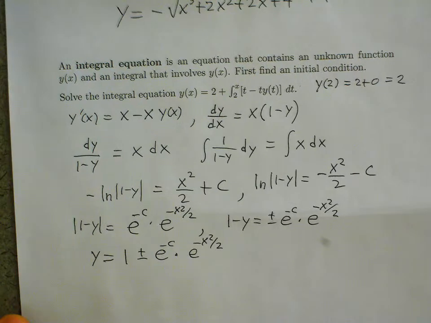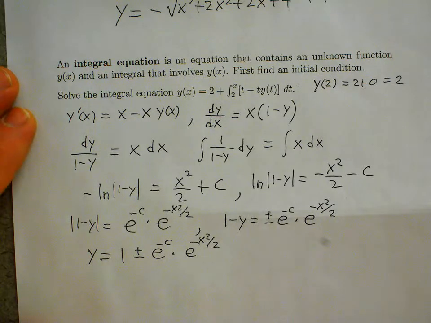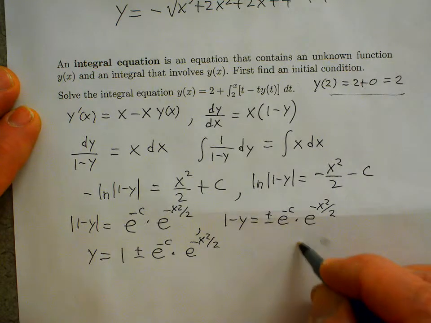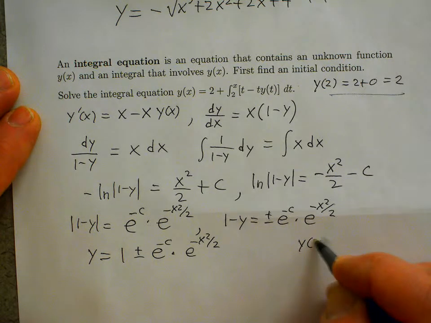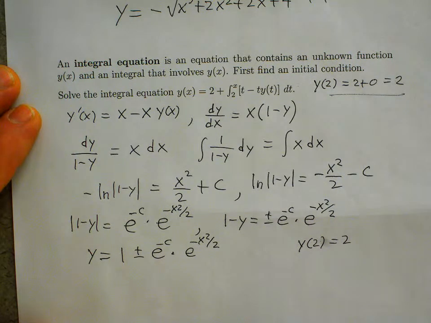Okay, now we have to decide if the solution involves addition or subtraction. So that is where our initial condition comes in. Our initial condition tells us that y of 2 equals 2.